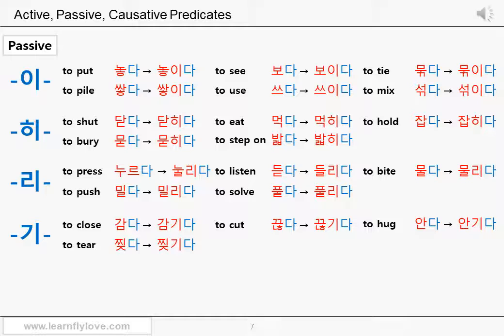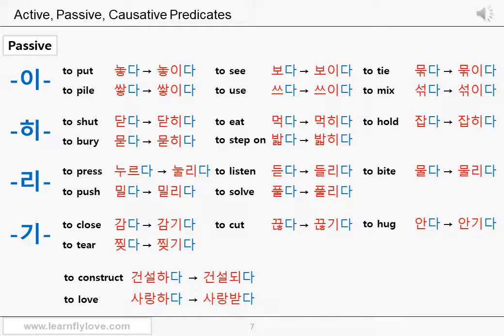Then let's see how the verbs that end in 하다 are formed in the passive. To construct, this is what you just learned. To construct is 건설하다, and to be constructed is 건설되다. To love is 사랑하다, and to be loved is 사랑받다.